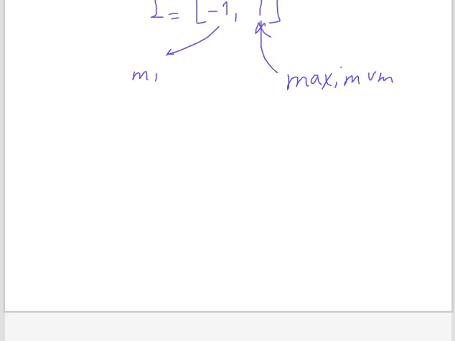But here in the closed interval from -1 to 1, 1 is the maximum, -1 is the minimum.